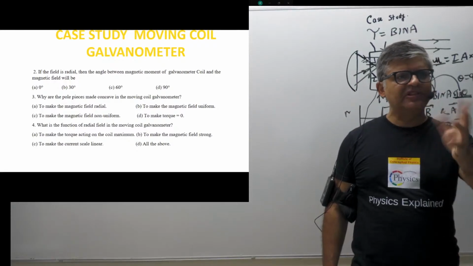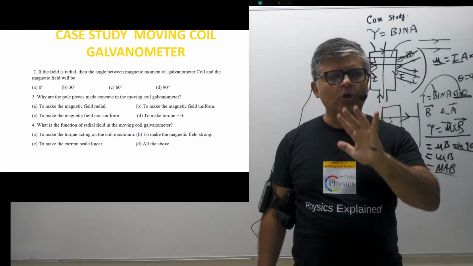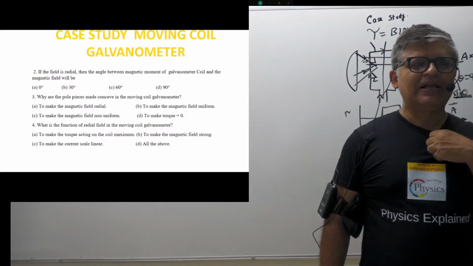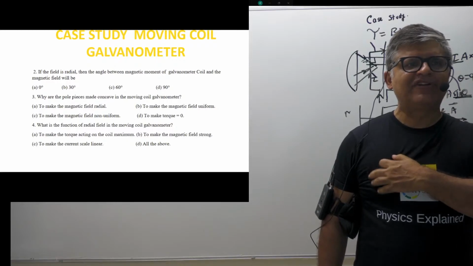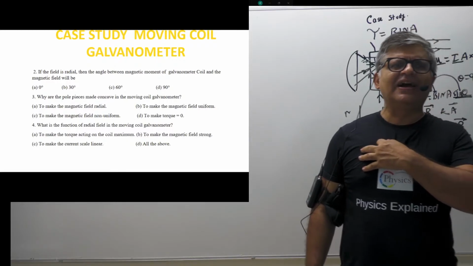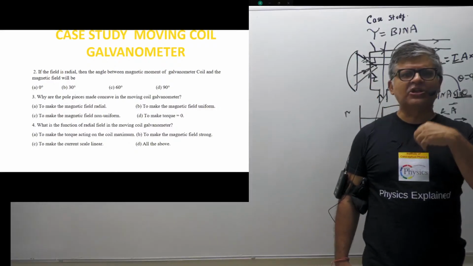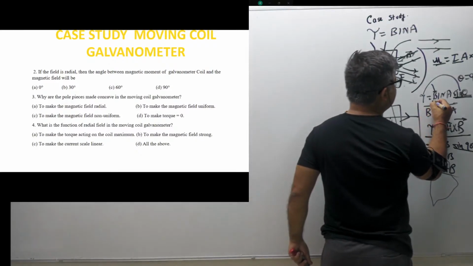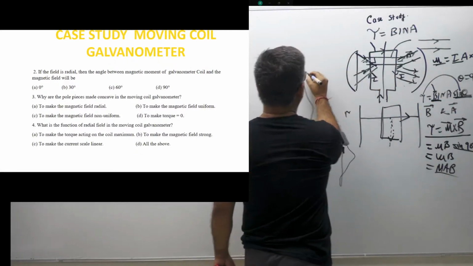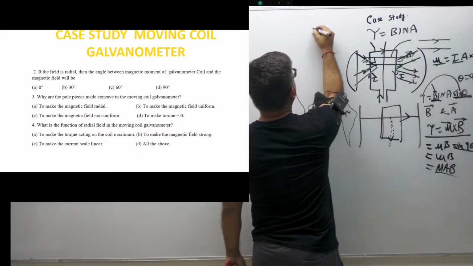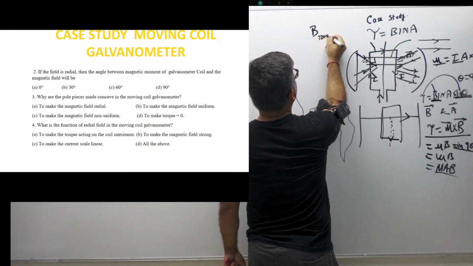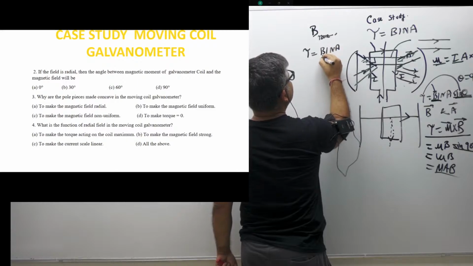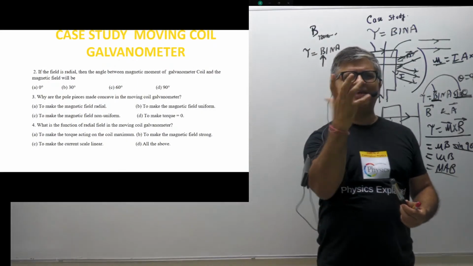Now I'm confused between the two choices, A and B. To make the magnetic field radial, okay, or to make the magnetic field uniform. See, finally, if it is a non-uniform magnetic field, which means the B continuously fluctuates, my torque, which is BINA, will vary as B varies.